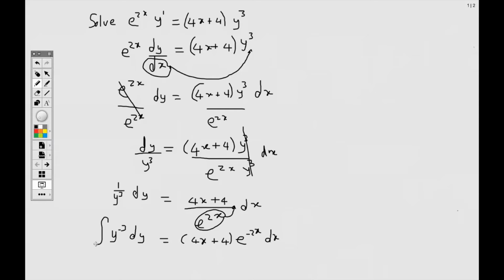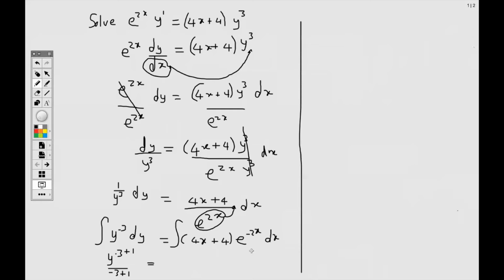Now I'm going to integrate because I have the y on the left and the x on the right. Integrating this is rather straightforward. When I integrate, I will add 1 to the power, so you'd have y to the minus 3 plus 1 over minus 3 plus 1.